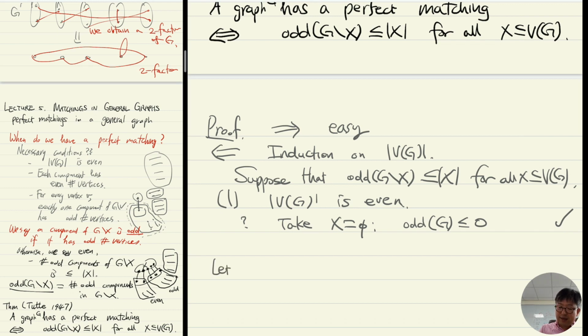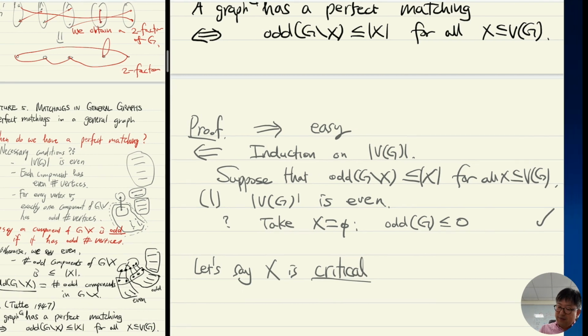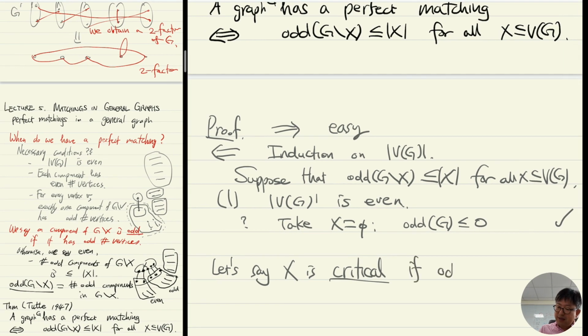Now, let's say X is critical if it satisfies the equality. Remember we had a similar idea when we had the proof of Hall's theorem. We try to find a set which satisfies the equality for this inequality.